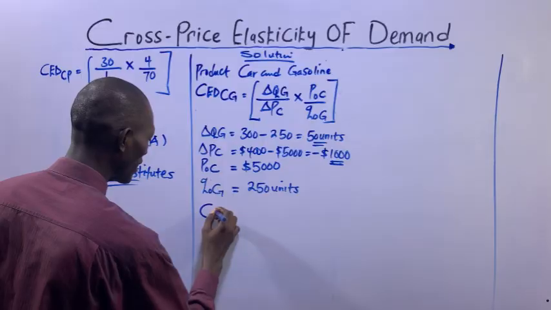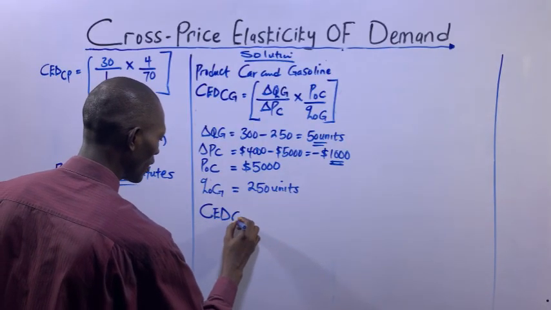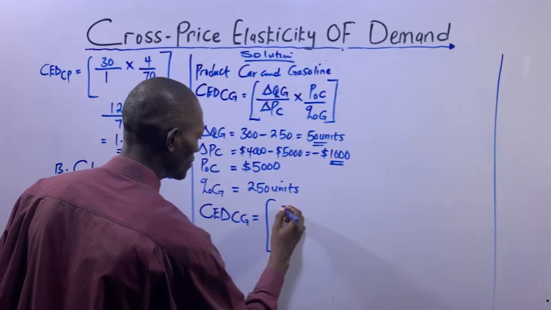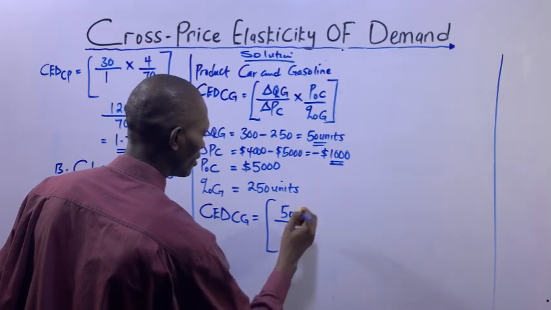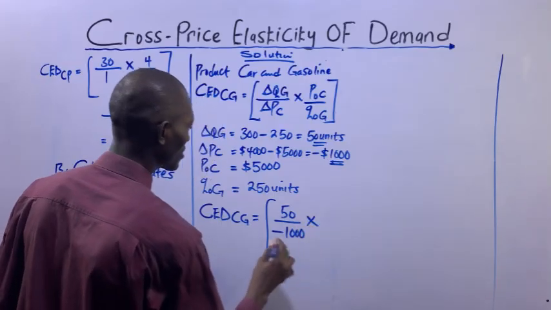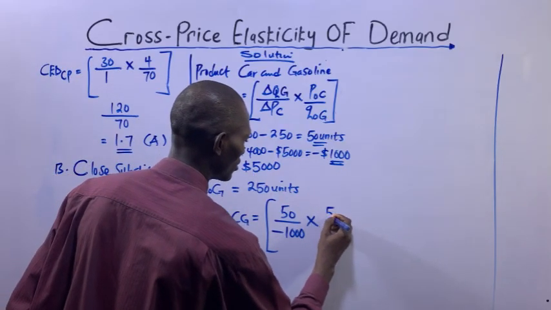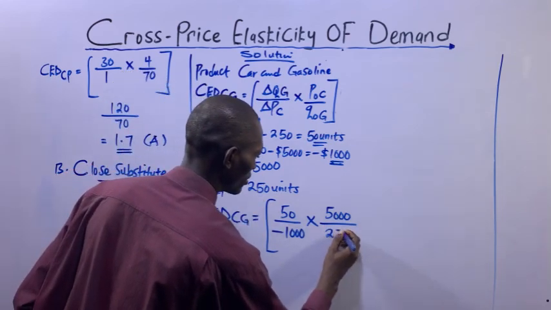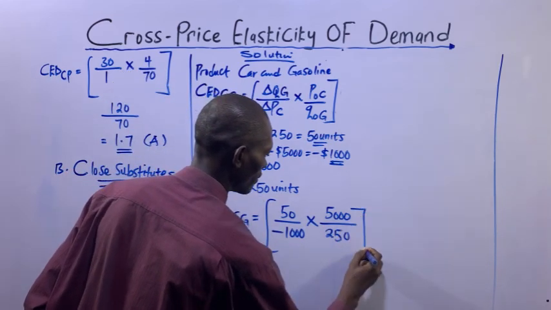So the cross price elasticity of demand for car and gasoline is expressed as 50 divided by negative 1,000 times 5,000 divided by 250.